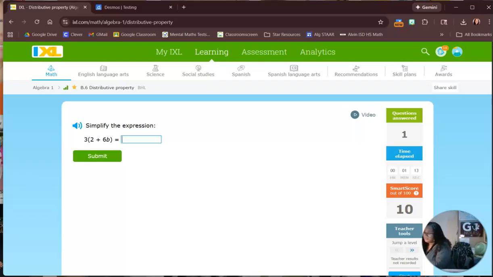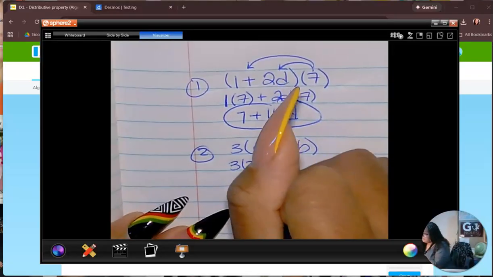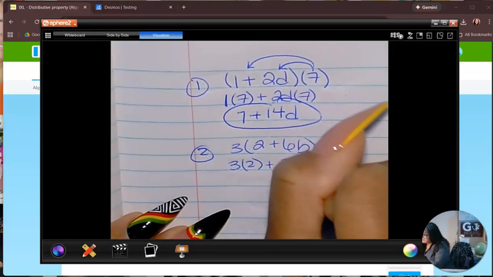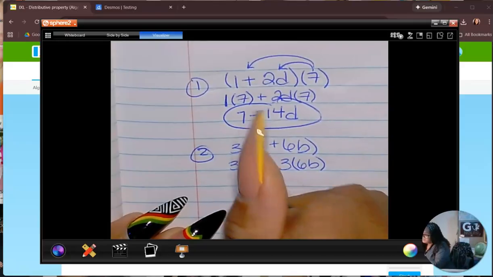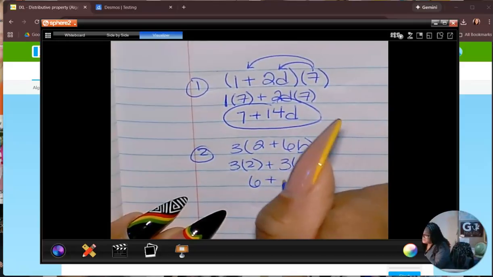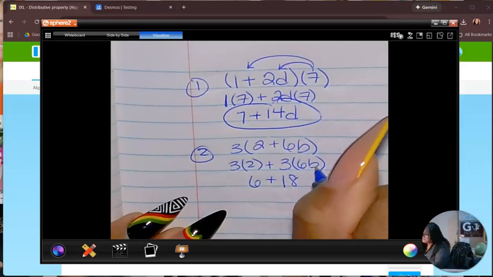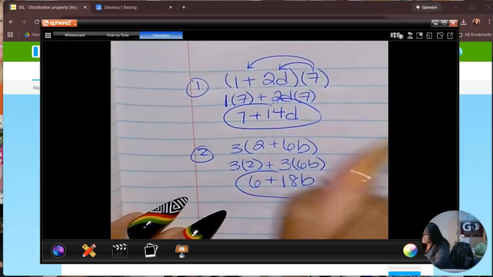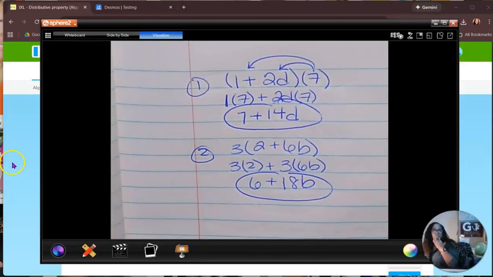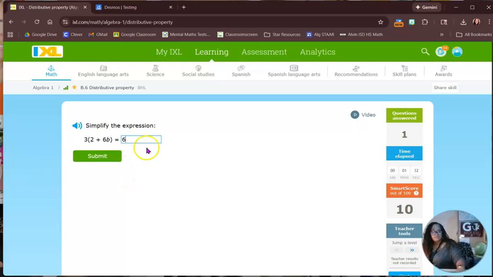I'm going to do 3 times 2, plus 3 times 6b. 3 times 2 is 6, and 3 times 6 is 18, so 3 times 6b will be 18b. And there's my answer: 6 plus 18b, and then submit.